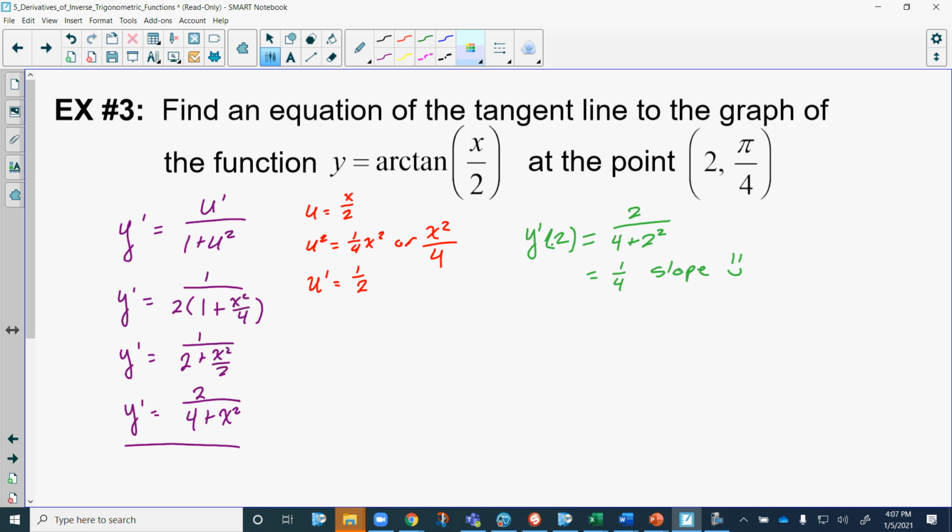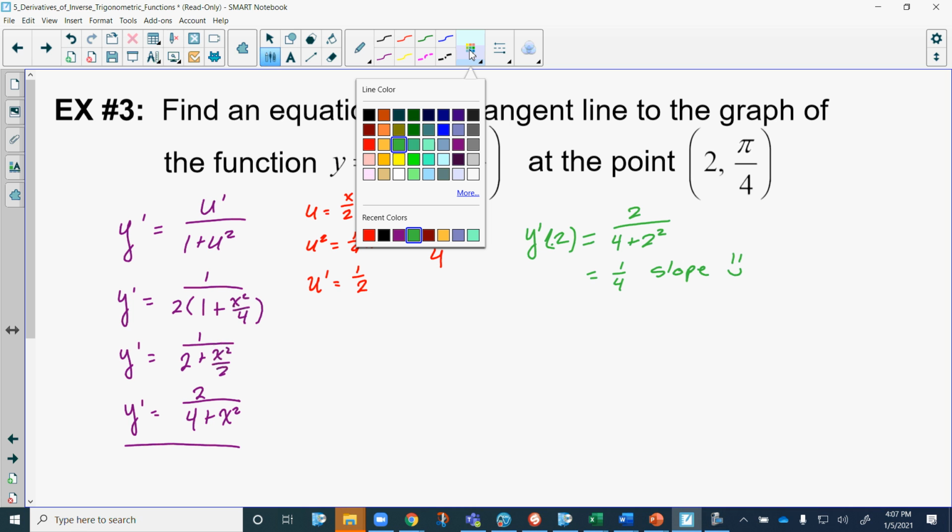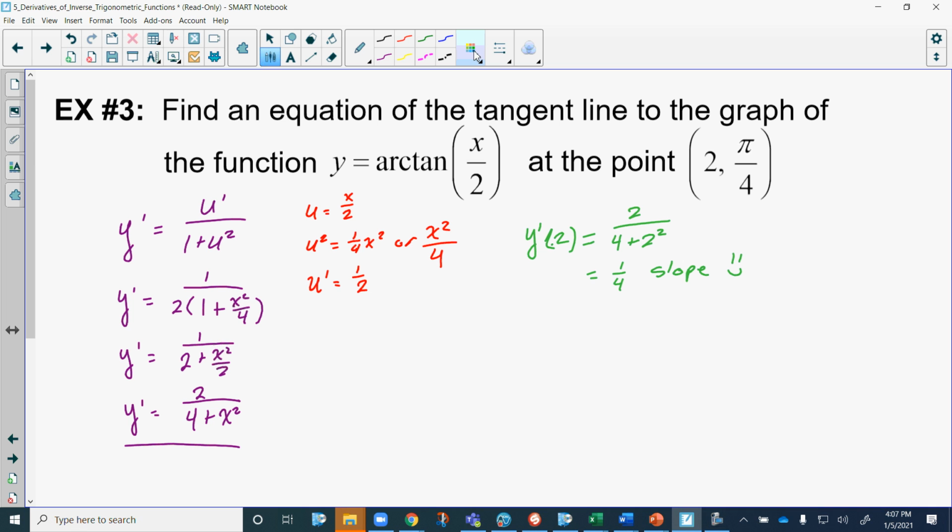Okay, so now that I know the slope of the tangent line, and they were so kind to give us the x and y values that we're supposed to be using, we can just take the x and y values that were given to us in point slope form and say the equation of the line is going to be y is equal to the slope 1/4 times x minus 2 in this case plus pi over 4.